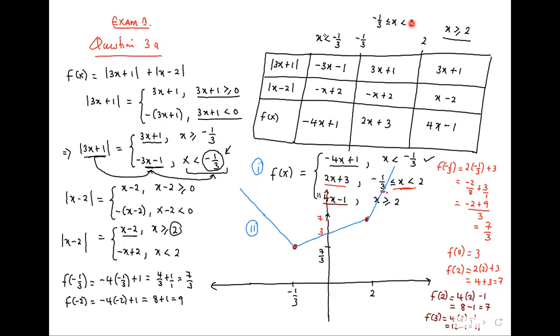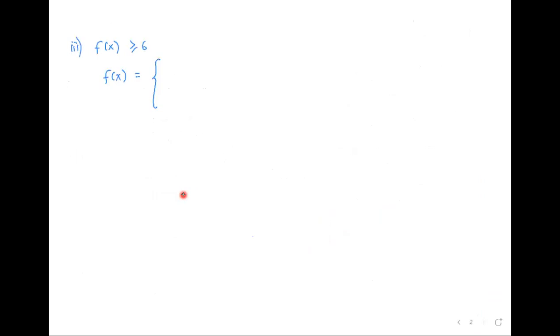You follow this inequality that you have here. Here you are saying the modulus function is equal to x minus 2 when x is greater or equal to 2. And the modulus function is equal to negative x plus 2 when x is less than 2.